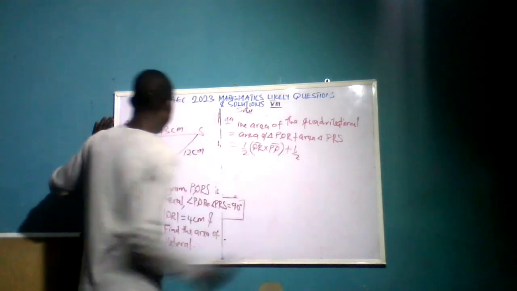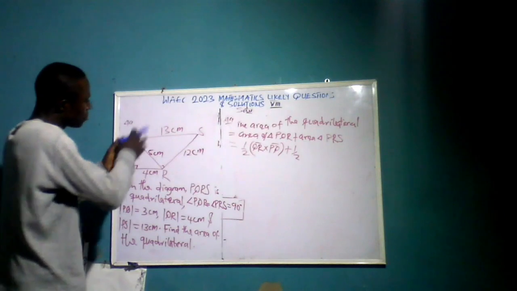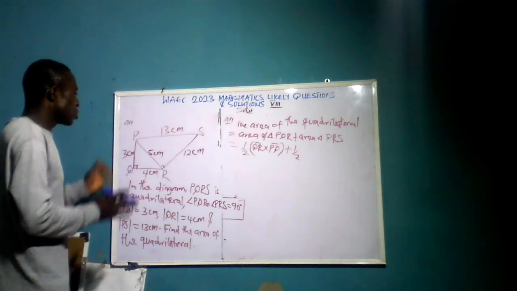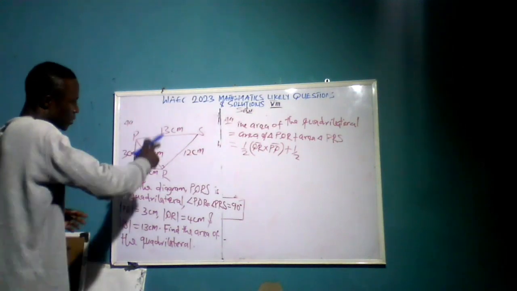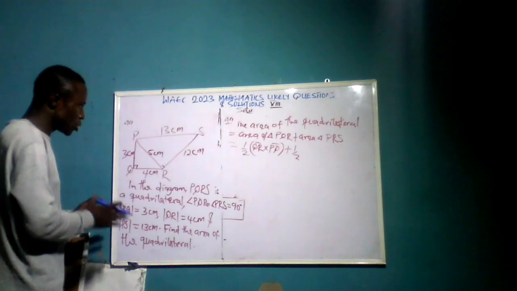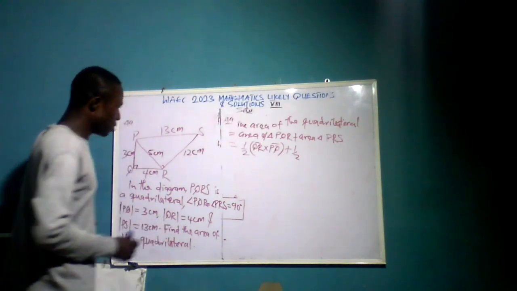plus half. If you turn triangle PRS in clockwise direction, so that the line RS is parallel to the horizontal line, what will happen?